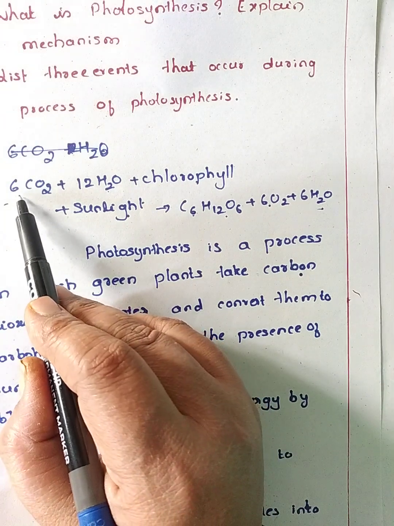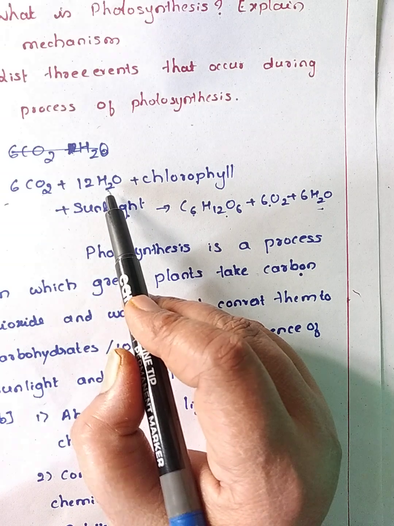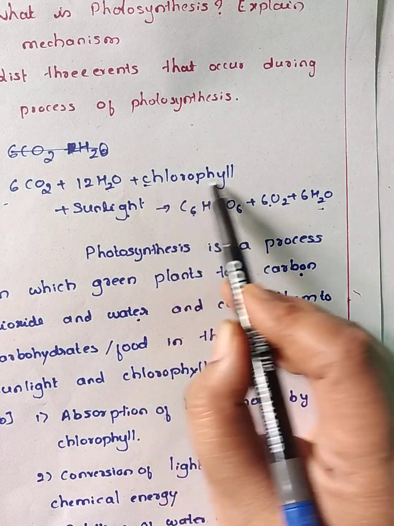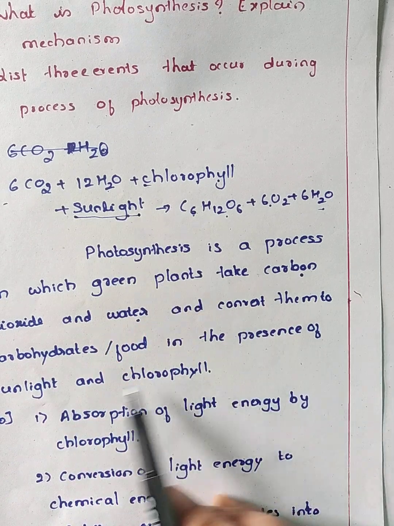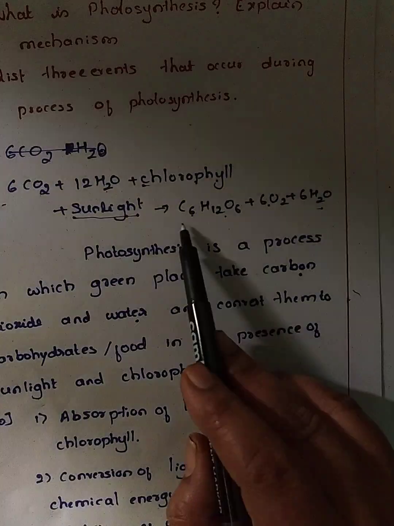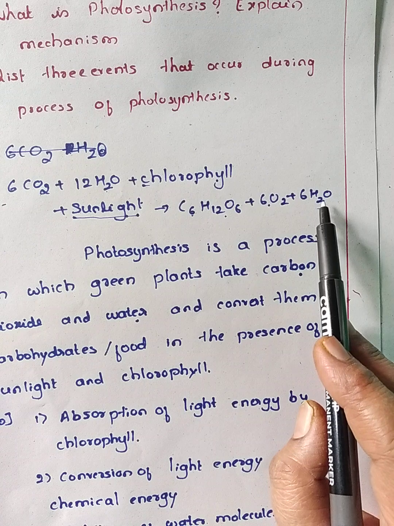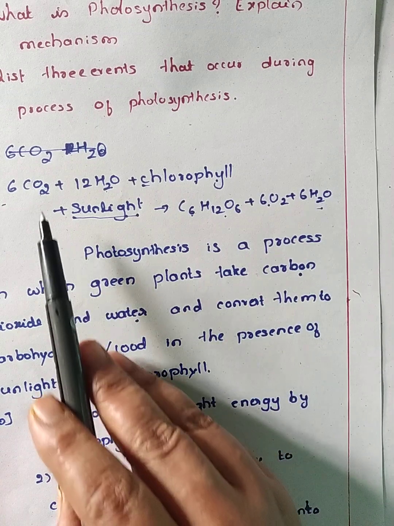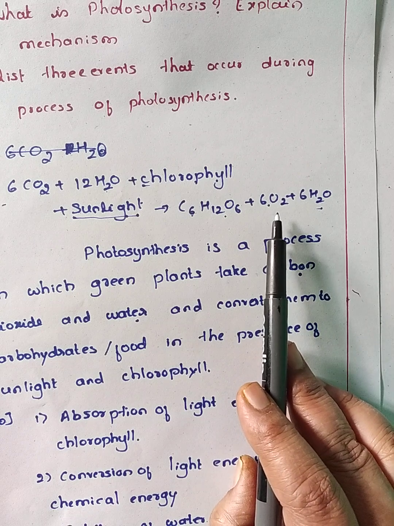So this is the reaction, carbon dioxide and water, and in the presence of what? In the presence of chlorophyll, that is in the green leaves, and in the presence of sunlight. So what happens? Carbohydrates, this is the food, are formed, and oxygen is released and water is also released. In photosynthesis, plants always take in carbon dioxide and give out oxygen.